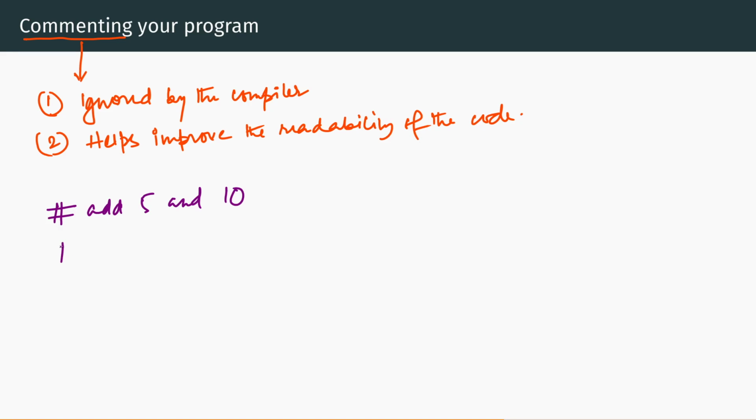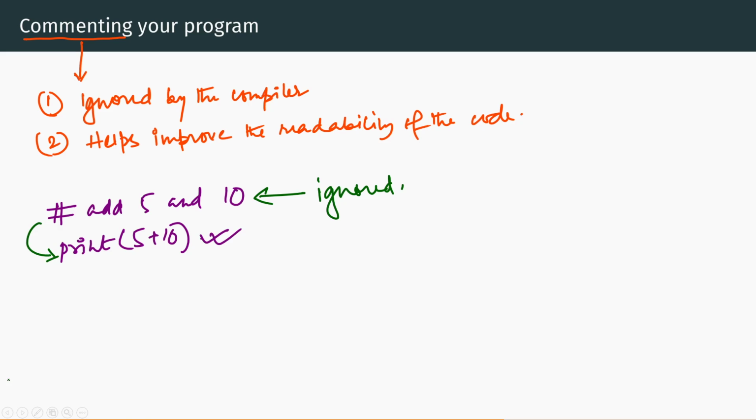Then you say print 5 plus 10. This is the line that the compiler actually executes. This line is ignored, but it is there to remind you, the developer, what the next line does. So whenever you see a comment, just remember that it is for you and not the compiler. The comments are for your eyes only.